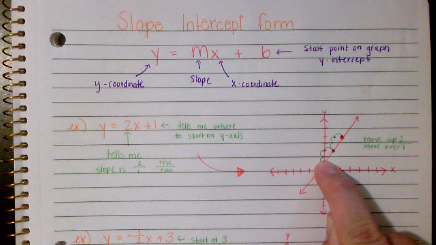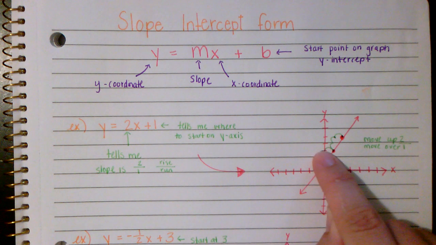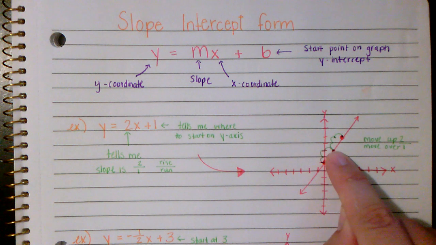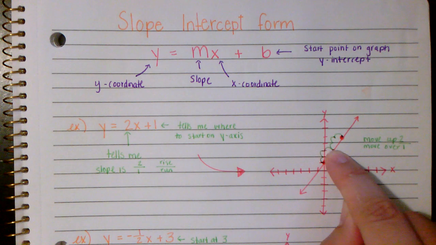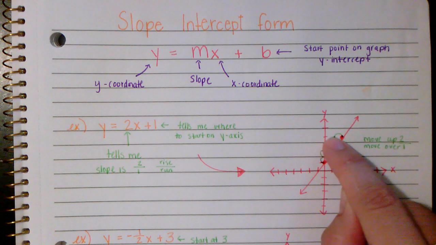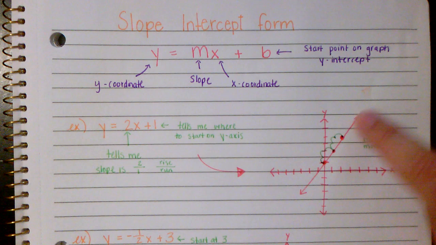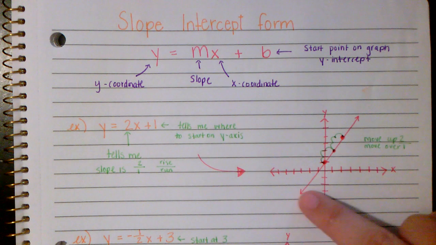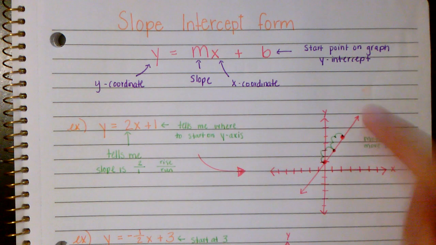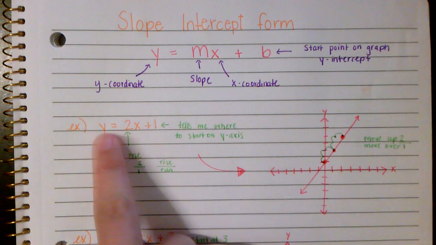I went up to 1 on the y-axis, and I moved up 2 over 1, and I put a dot. And then from this new dot, we do the same thing again. Up 2 over 1, and we put a new dot. Then you can connect them and see this is the line, these are the points, this is the function.